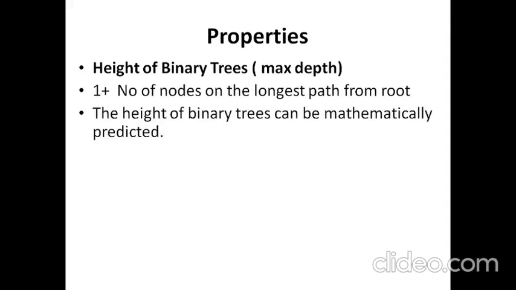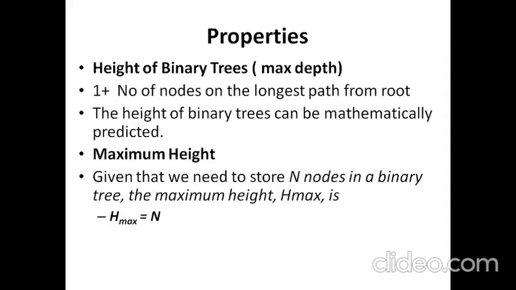The height of a binary tree can also be mathematically predicted, which means that if you are told that there is going to be a binary tree of n nodes, you can predict the maximum height that is possible for that particular tree using a formula. The formula is h max equal to n, where n is the number of nodes. So in other words, the maximum height of a tree of n nodes is n itself.